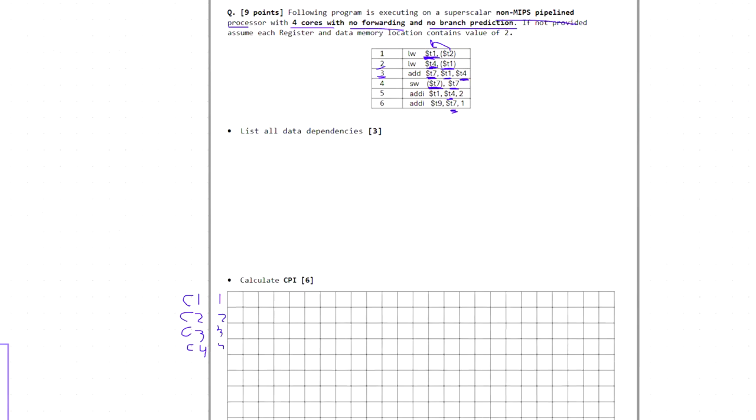Guess what? They can all be fetched together. Each of these cores is a different processor. Each processor can do exactly 1 fetch. If I have 4 processors, I could do 4 fetches. I can also do 4 decodes. You're probably saying, wow, this is so great.